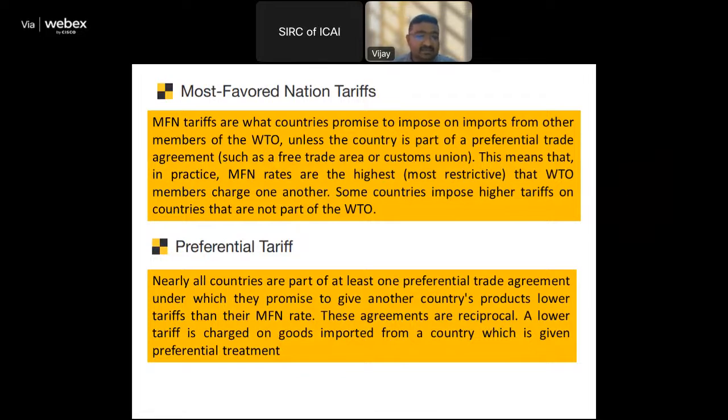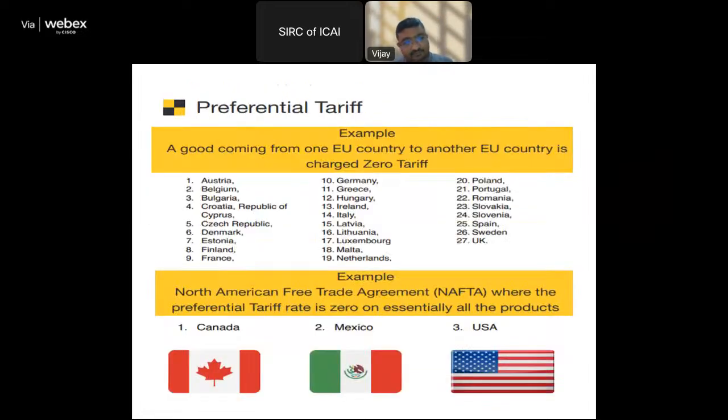Then preferential tariff rates will be less. For example, when European countries import and export among themselves within the European Union, the rate will be zero. This is what I call preferential tariff.